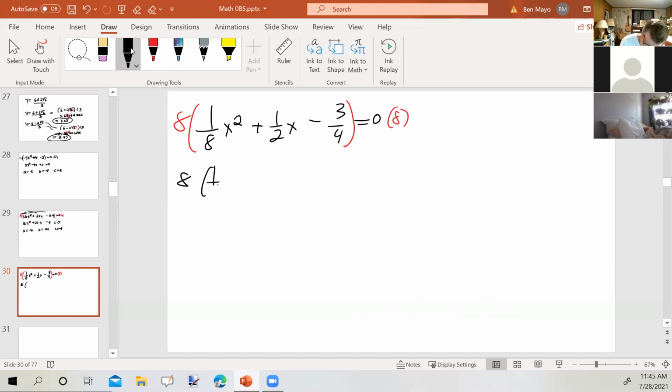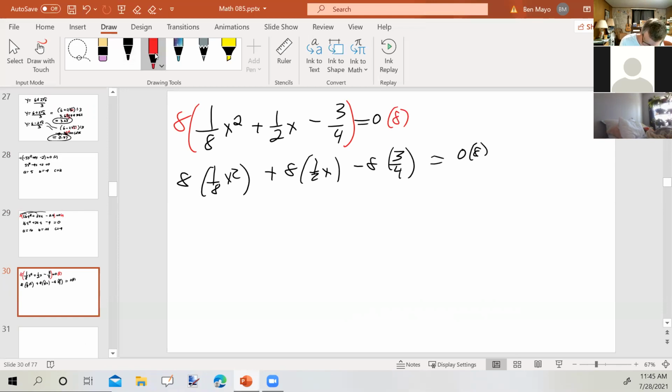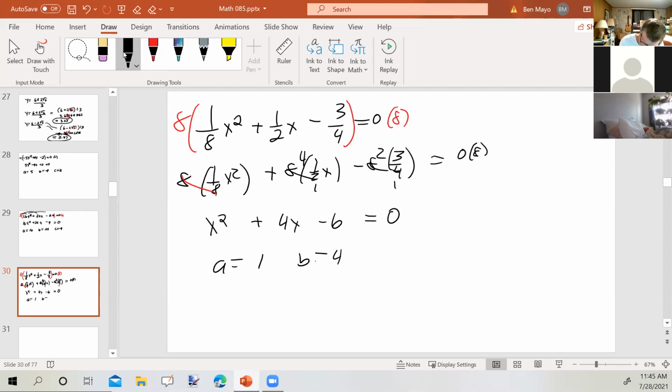So 8 times 1/8 x squared plus 8 times 1/2 x minus 8 times 3/4 equals 0 times 8. The 8's reduce down and I have x squared plus 8 over 2 is 4 over 1, 4x, minus 8 times 3/4, which is 6, equals 0. So now A is 1, B is 4, and C is negative 6.